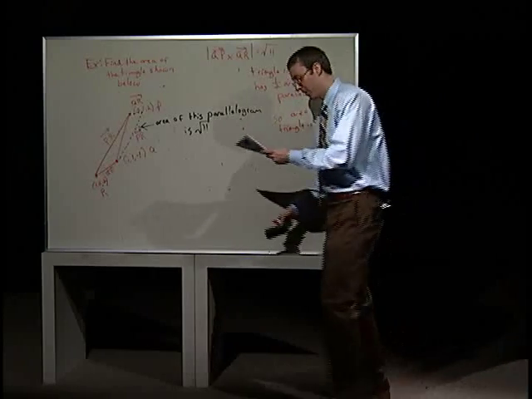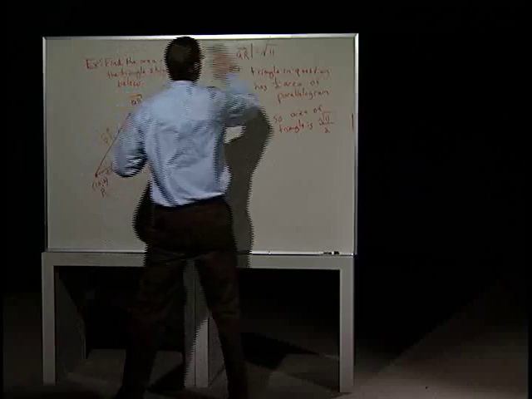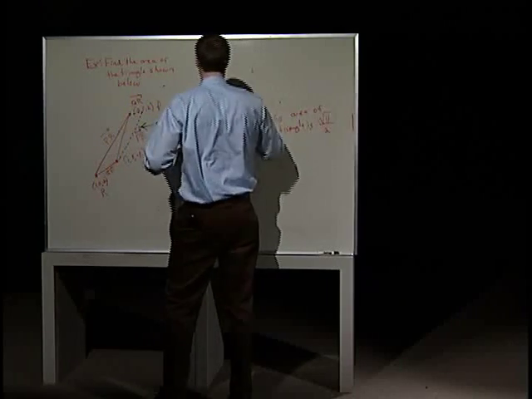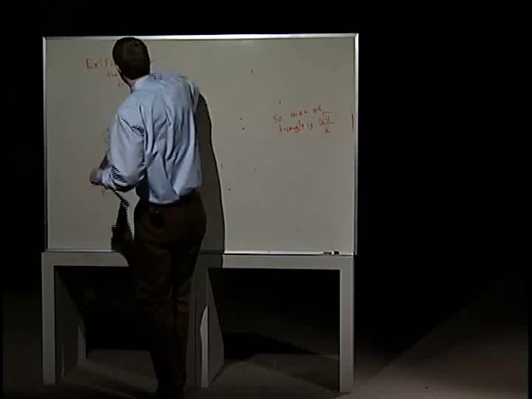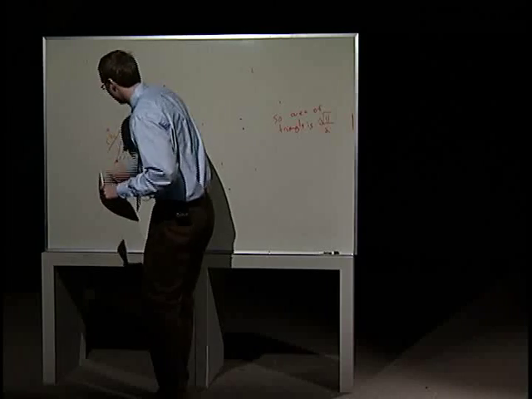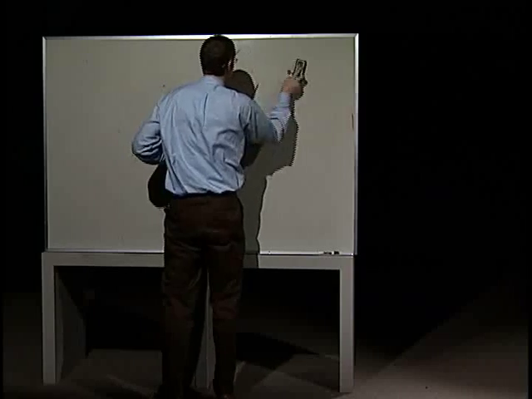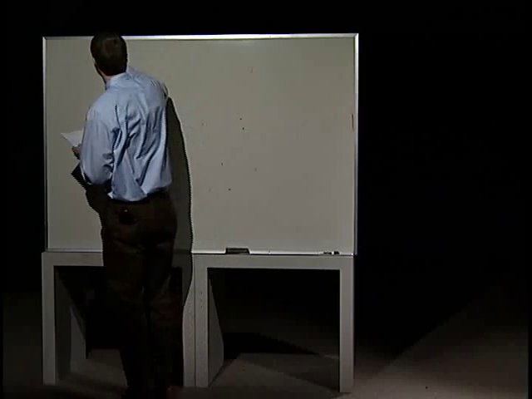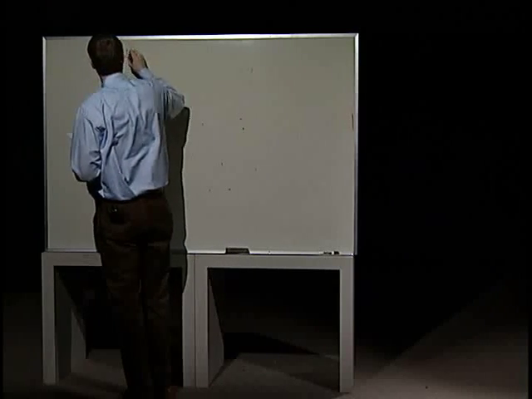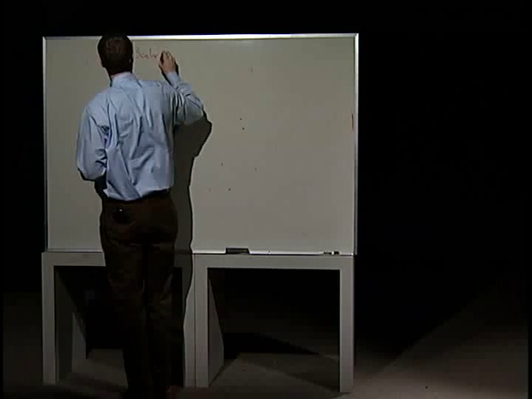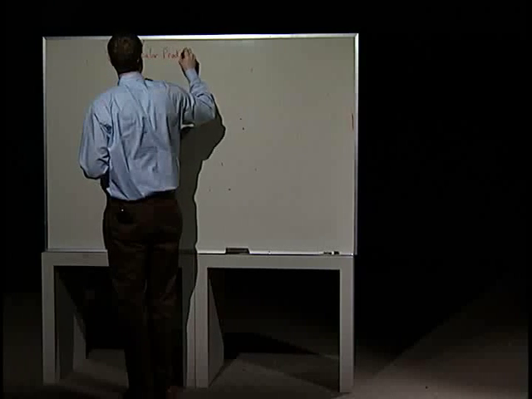Okay, so let's shift gears slightly here. Let me get rid of this stuff. And we'll move to a new topic still involving cross products. This is called the triple scalar product.